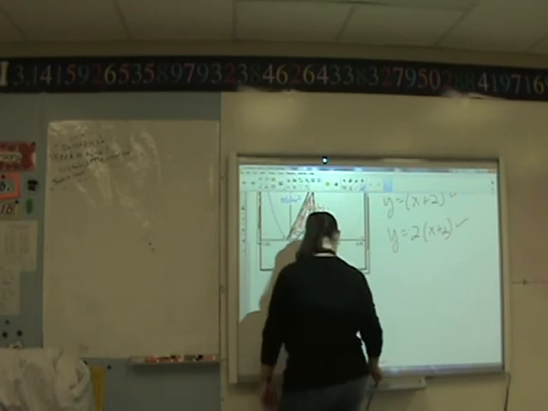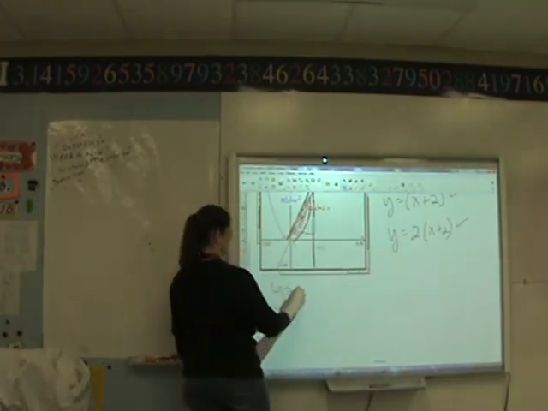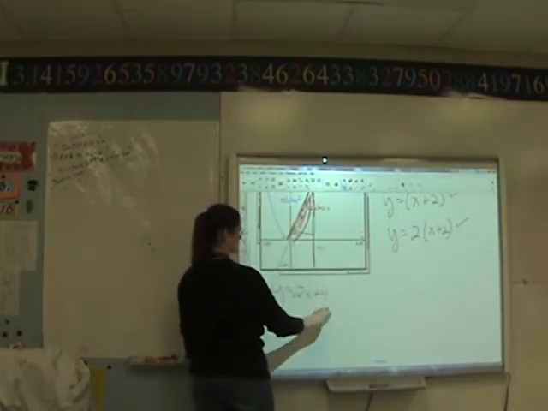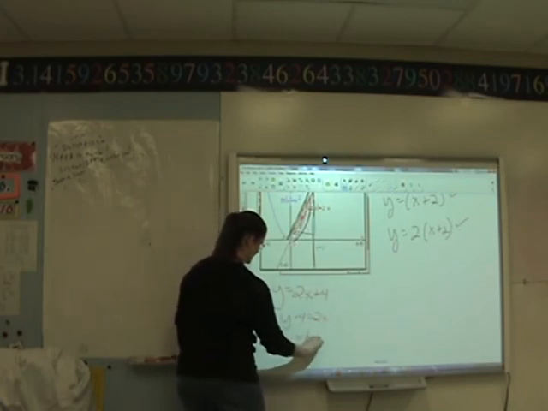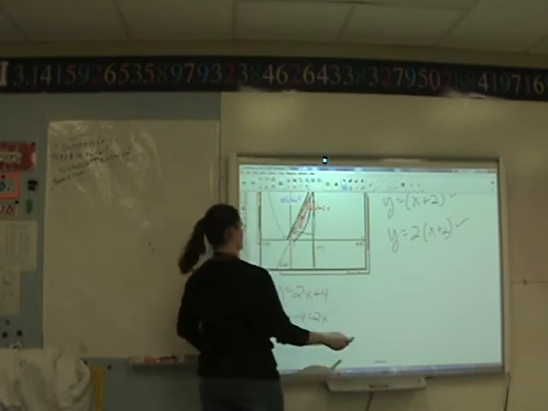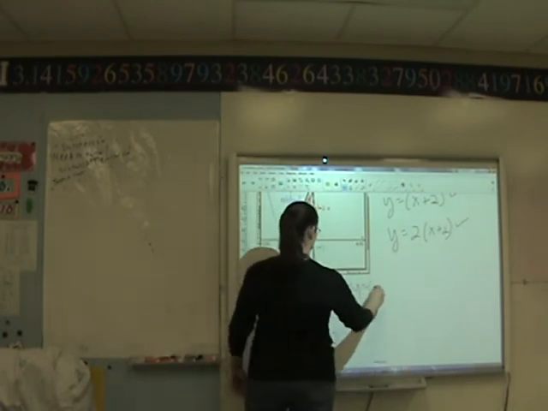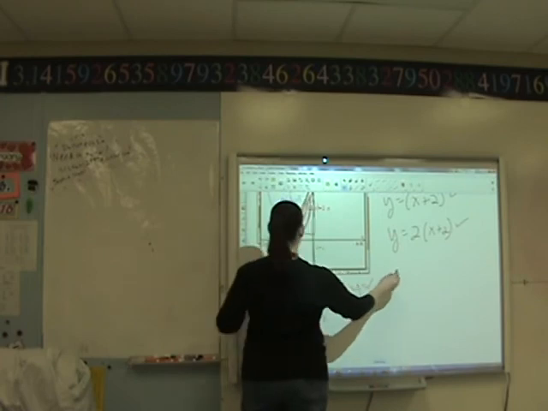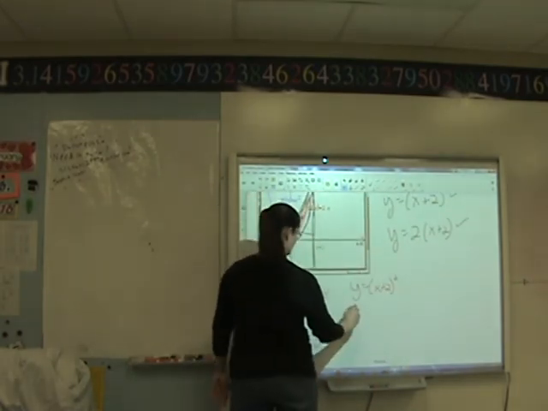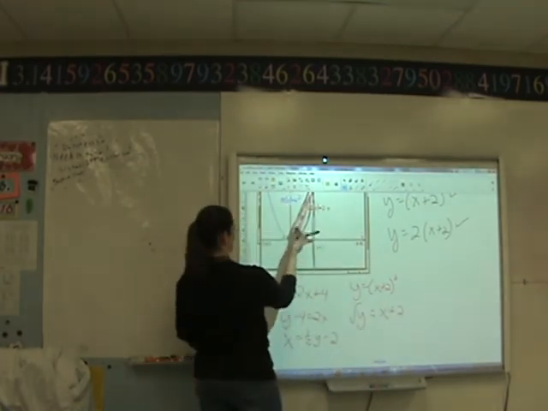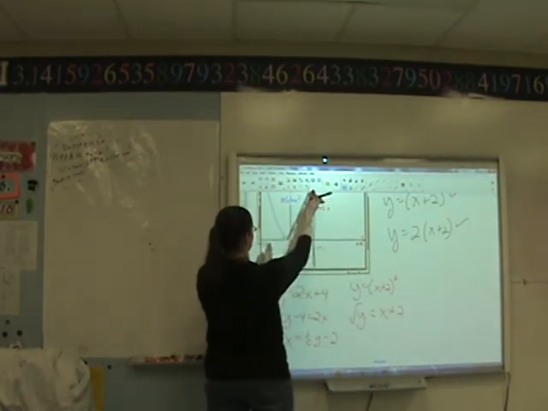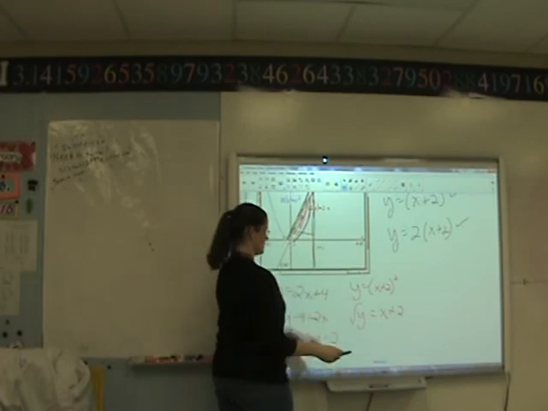So if I take y equals 2x plus 4, so that's my line, y minus 4 equals 2x, x equals 1/2 y minus 2. So there's that equation. X plus 2 squared equals y. Take the square root. Since I'm using this half, the right half of the parabola, that is the positive square root part.